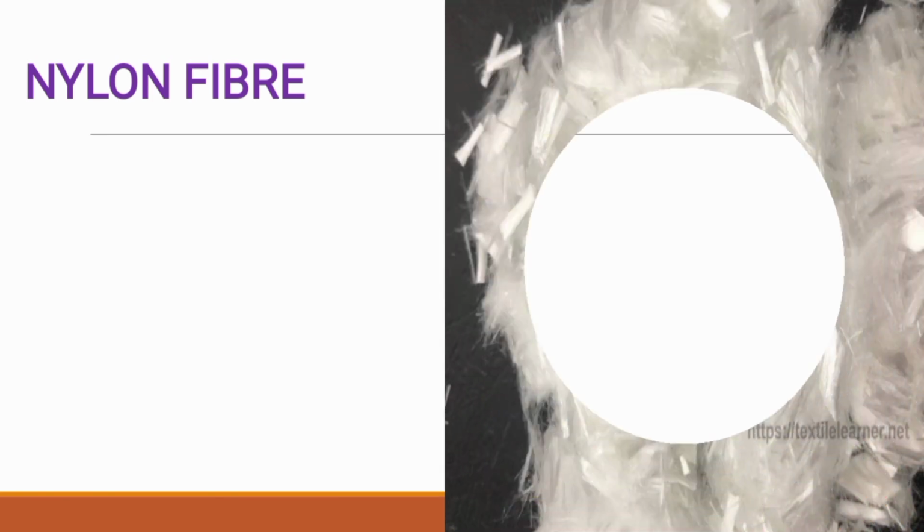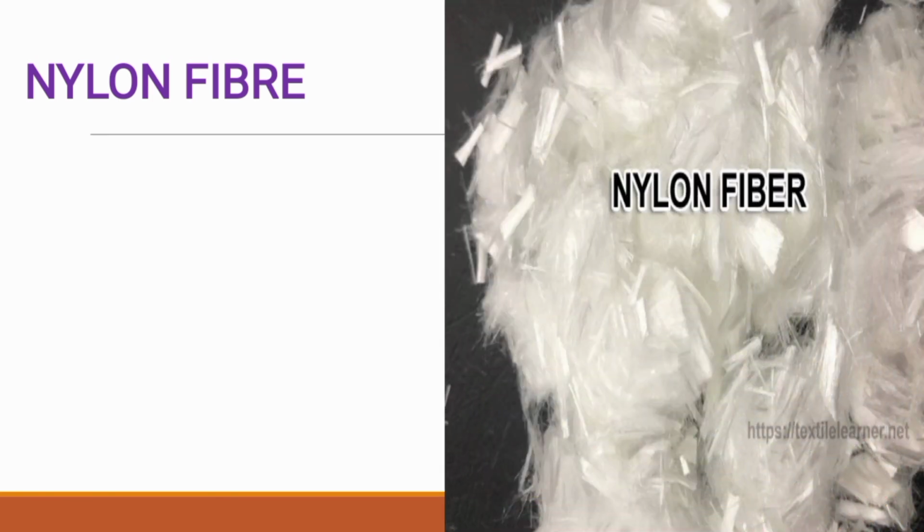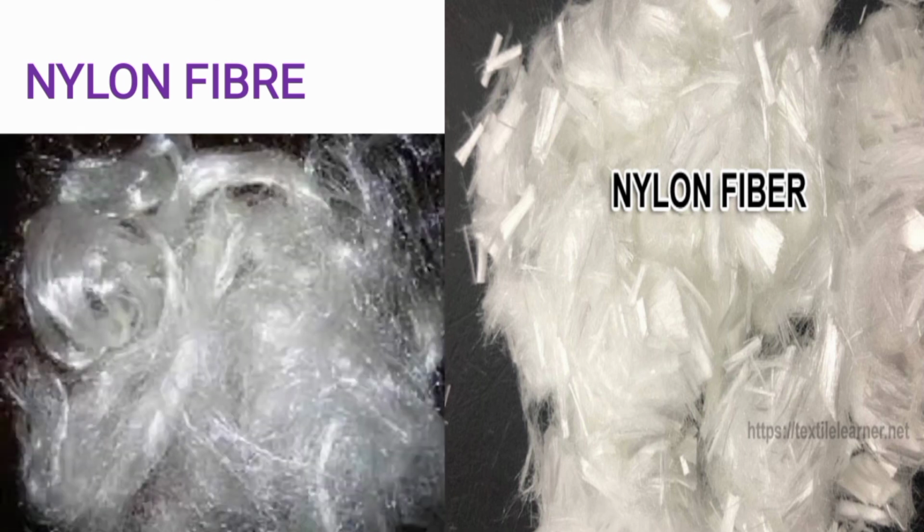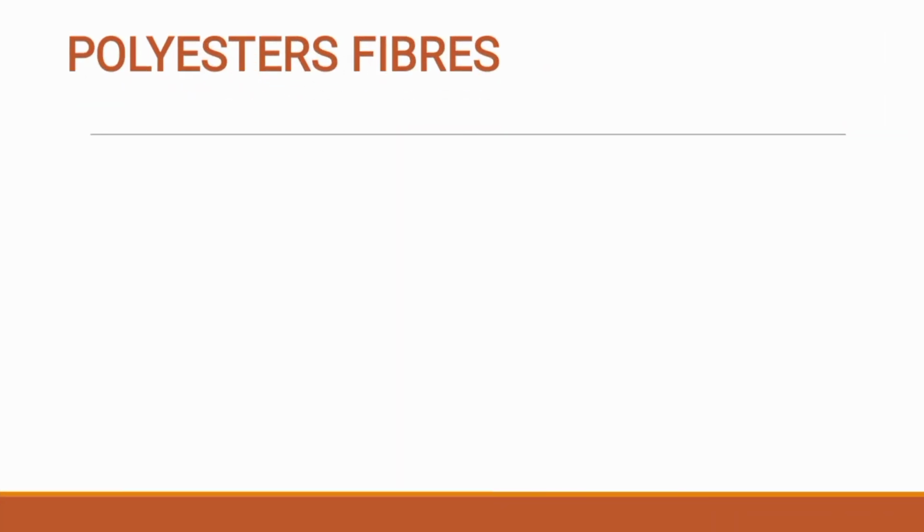Now the non-cellulose based fibers, we have the nylon. The nylon is from the family of the polyamide and is made from coal, petroleum and some chemicals. And also we have the polyesters.